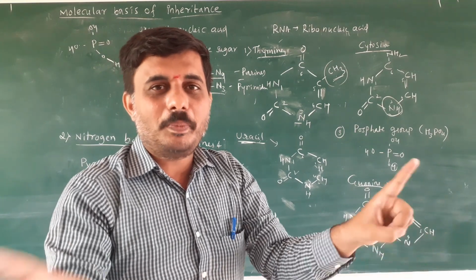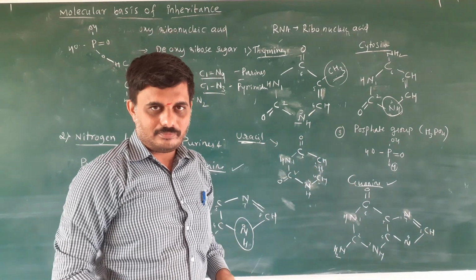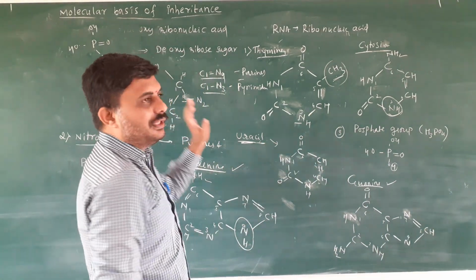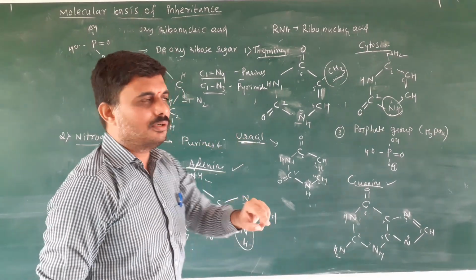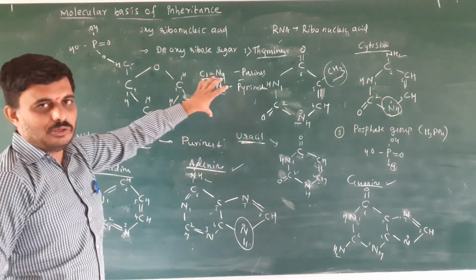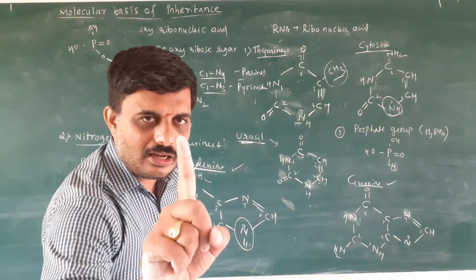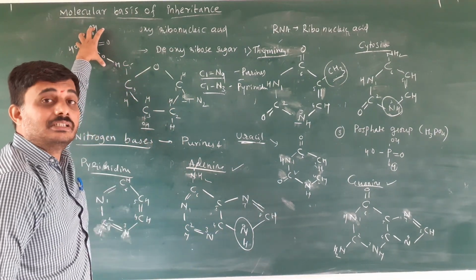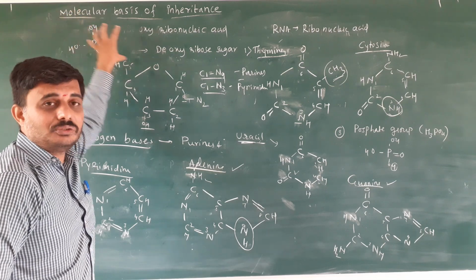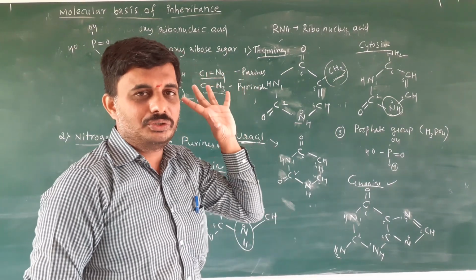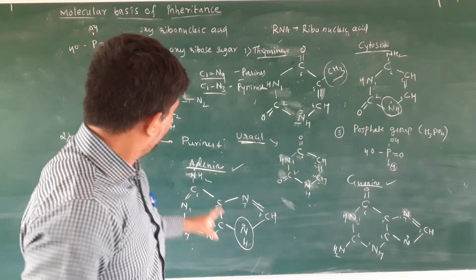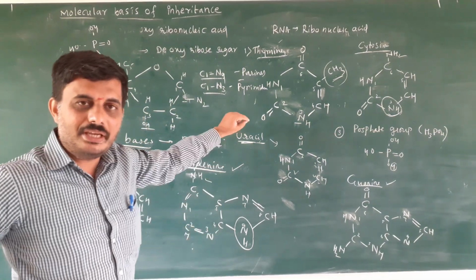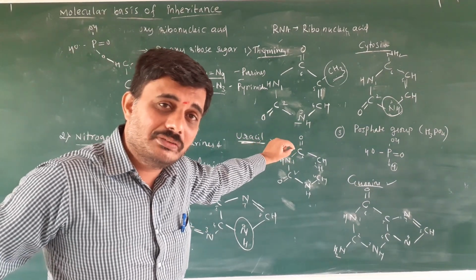Always the phosphate group is attached to the fifth carbon of the sugar moiety, and the nitrogen base is attached to the first carbon. Fifth carbon to the third carbon. This way the polynucleotide strands form.